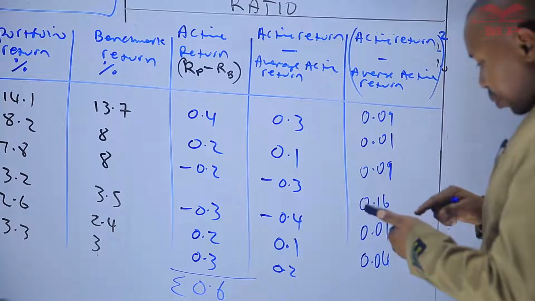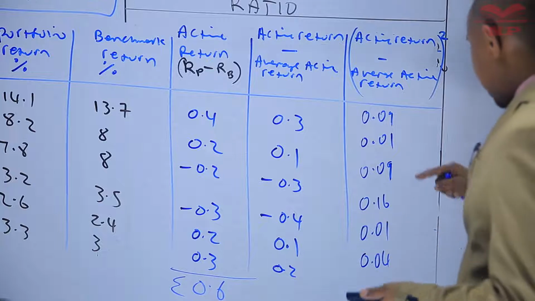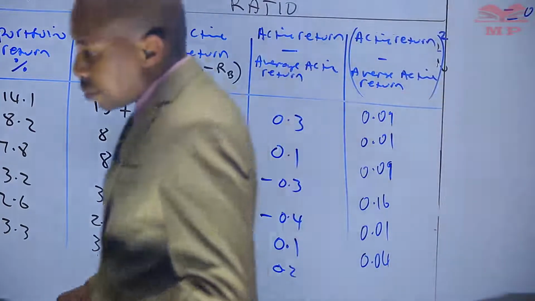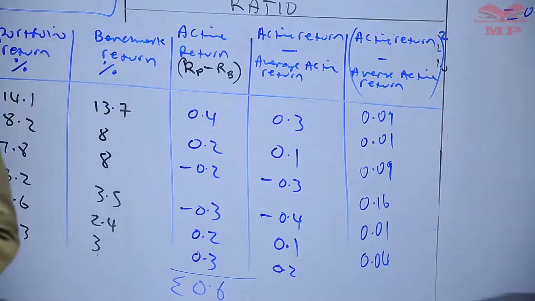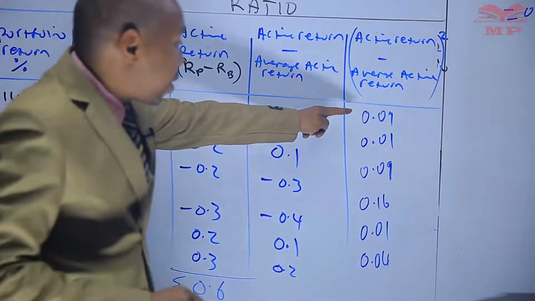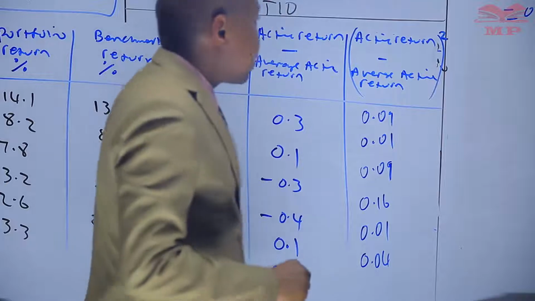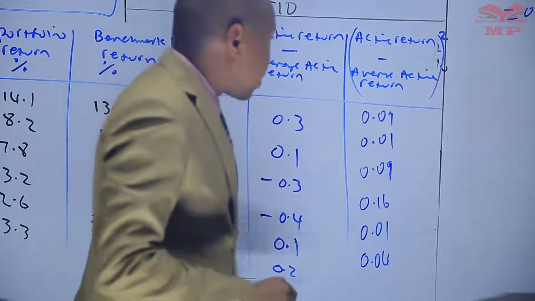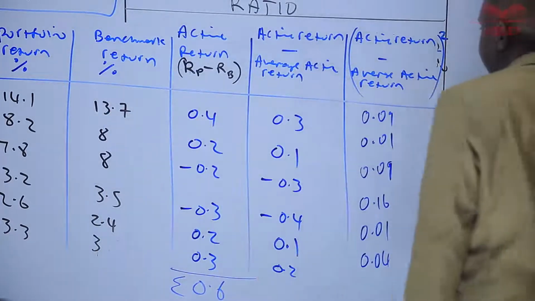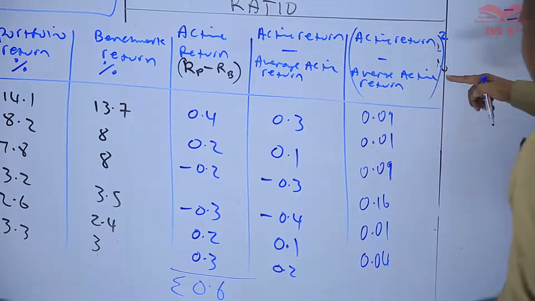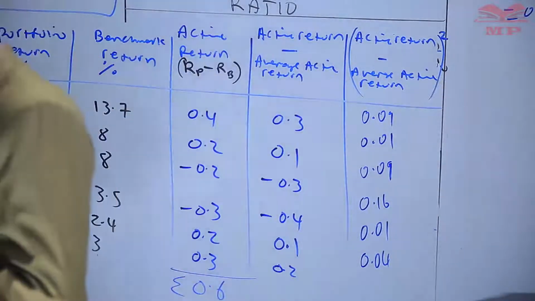So once we have that right there, we know the formula that tracking risk gives us the sum of the deviations. So we sum up all of this. How much do we get? We need to get the calculator.